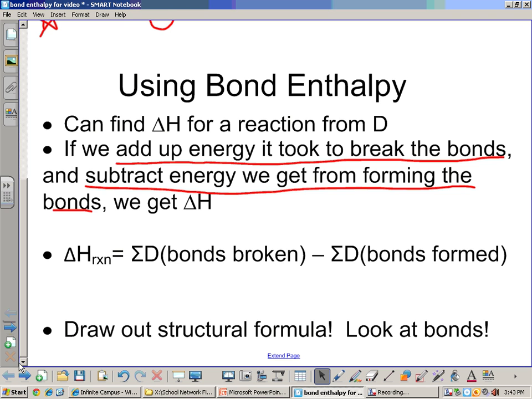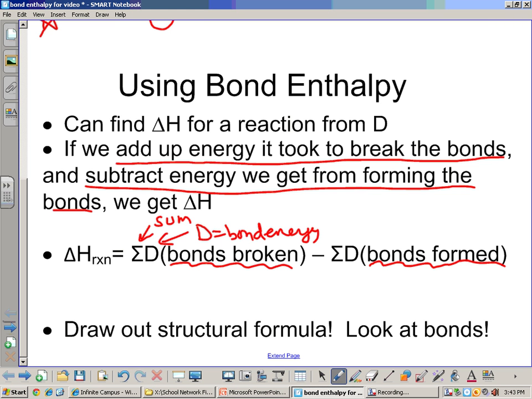Meaning, how much energy did it take to break the bonds that we're breaking? How much energy will we get from forming the bonds that we're forming? Combine the two, we can get delta H. So put another way, it's bonds broken minus bonds formed. And remember, this is the sigma, that means the sum. So you add up all of the bond energies. Remember, D is bond energy.